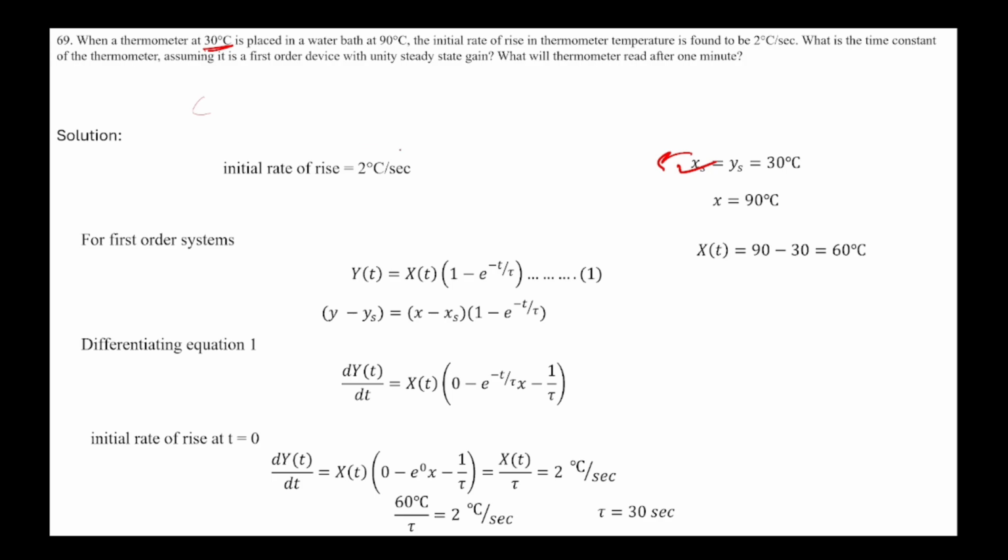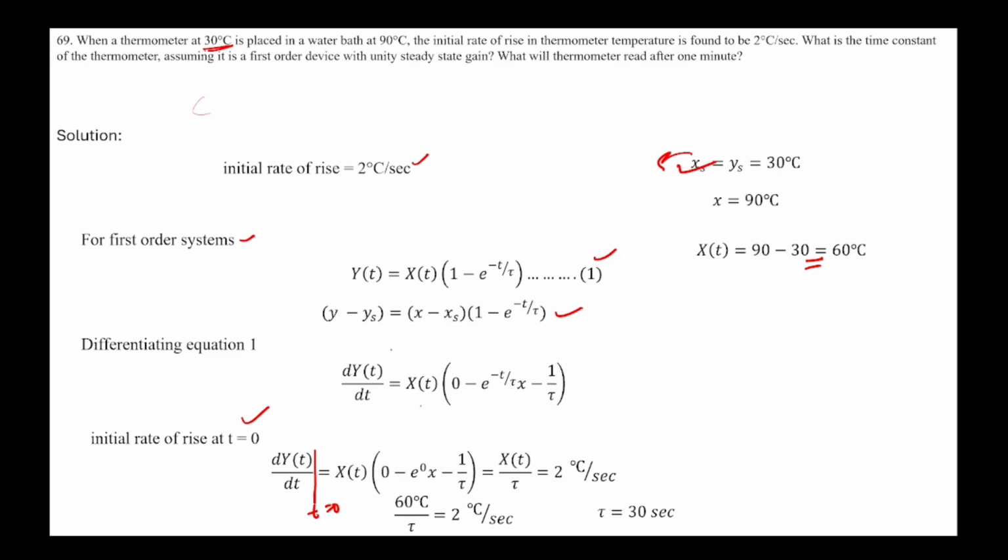So the initial rate of rise is 2 degrees Celsius per second. For a first order system, we have this equation: yt is y minus ys, xt is x minus xs. This remains the same. Differentiate equation 1 at t equal to 0. xt will remain the same because it is a constant value, 60. The differentiation of 1 will be 0, e to the power 0.